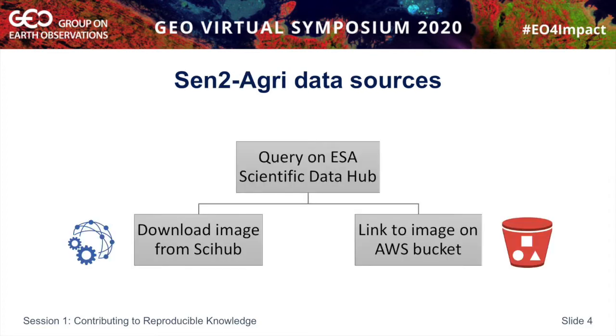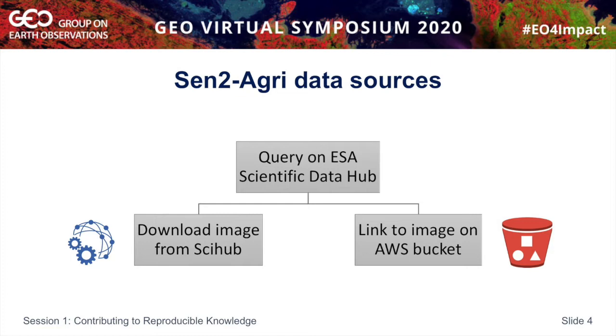So a word about Sen2Agri data sources. When you run Sen2Agri, it has to use images. So it will first query the ESA Scientific Data Hub. The query is just to check which images are available for your site and the dates you choose. Then there are two options.